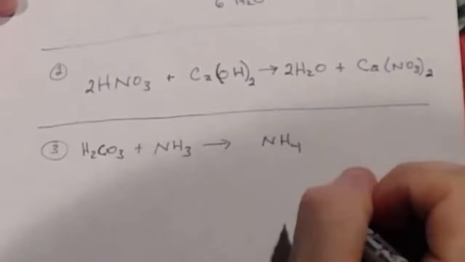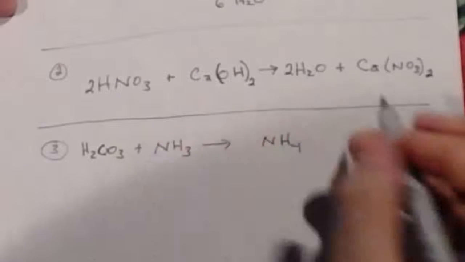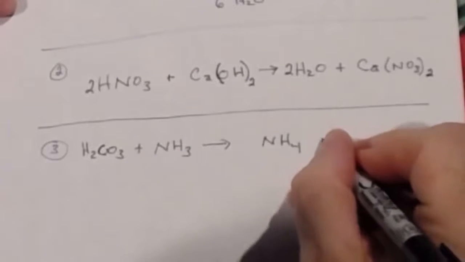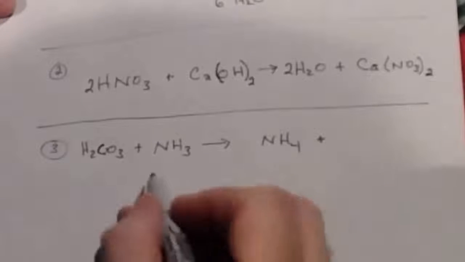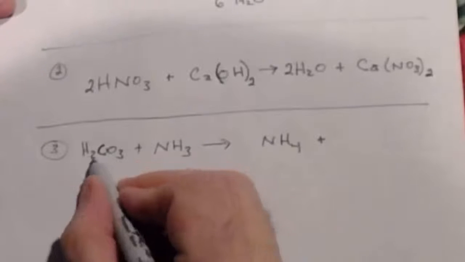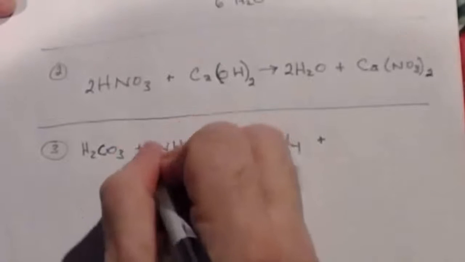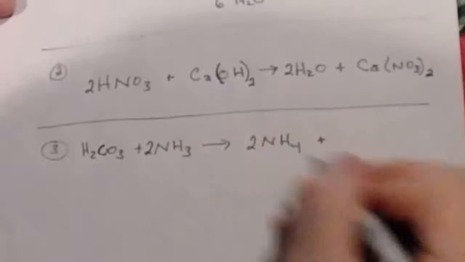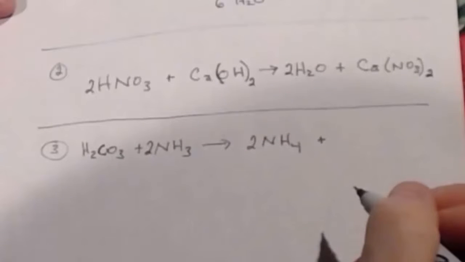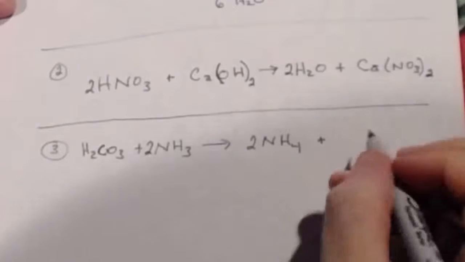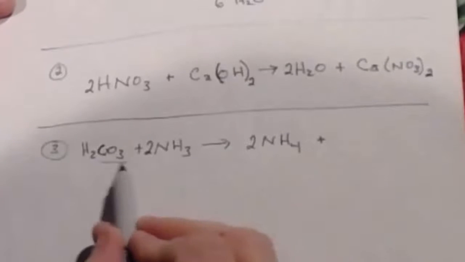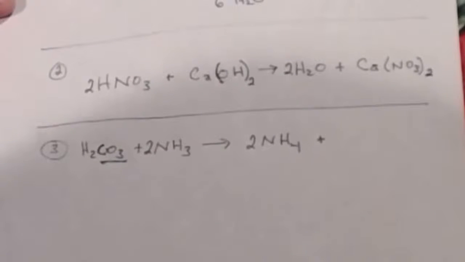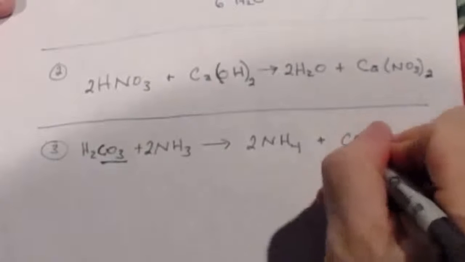Well, what else is left after that? We have NH4, and so NH4 takes one of these. We've got two of them, right? So we need at least two here, which is going to produce two. And then the remaining ion. The ions are going to be left behind. The only thing that's not consumed is right here, a CO3.